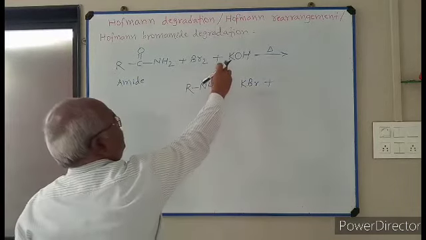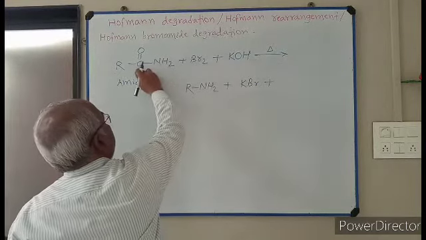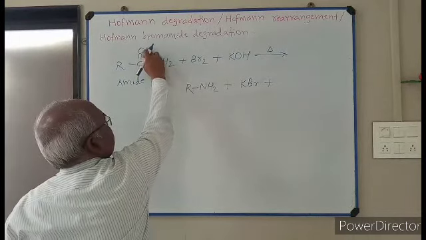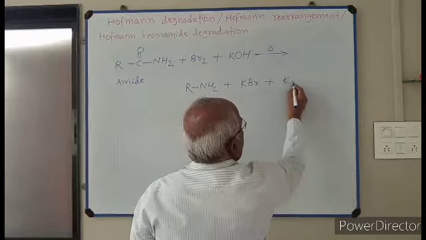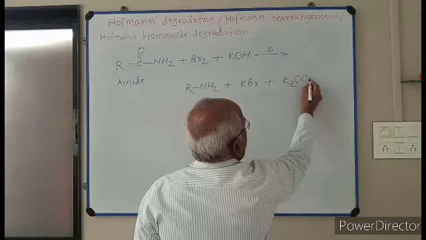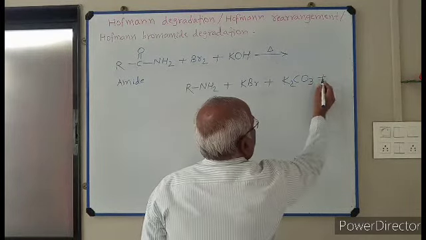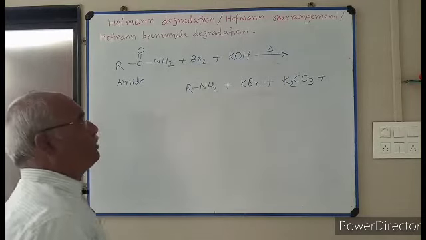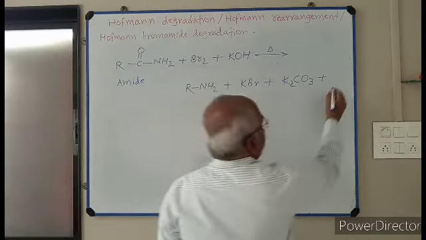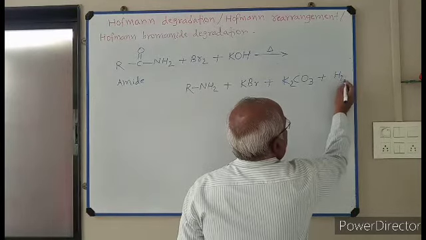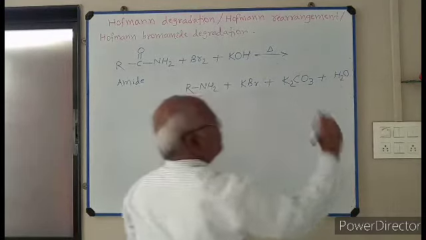Plus, K, carbon and oxygen combine to produce K2CO3, known as potassium carbonate. Hydrogen combines with oxygen and a water molecule is formed.